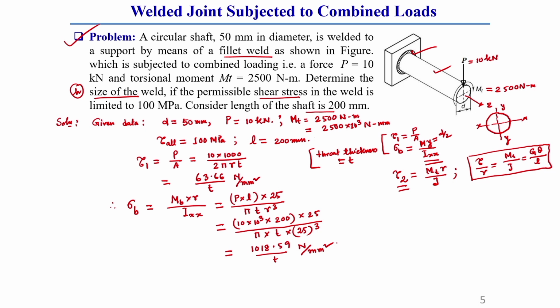So, these two stresses due to the transverse load P: one is the primary shear stress, which acts generally along the plane of the throat area, this you should keep in mind. And the bending stress generally acts perpendicular to the throat area, this you should keep in mind.